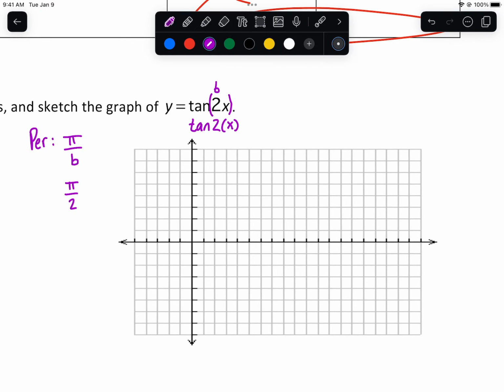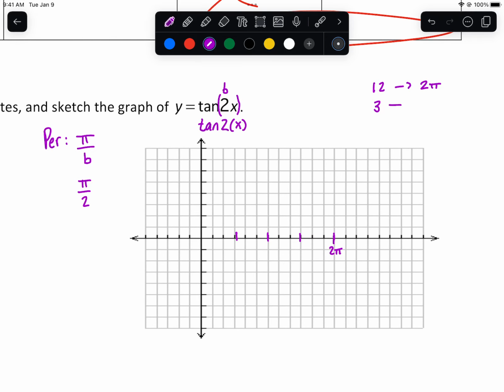Normally the scale I've been encouraging you guys to do here is making it to where every 12 full ticks is 2 pi. Let's see if I counted that right. That should be good there. Every 12 ticks is 2 pi. And so the pi over 2 right there is actually going to be 3 ticks wide.